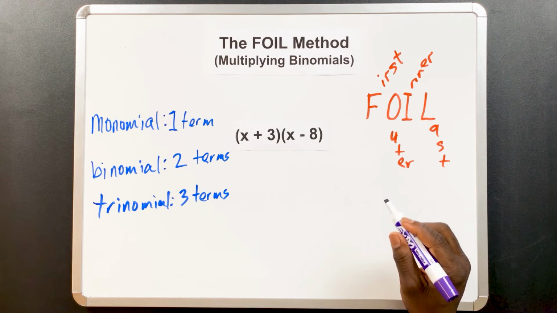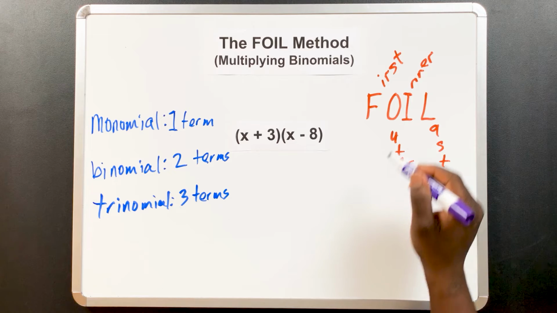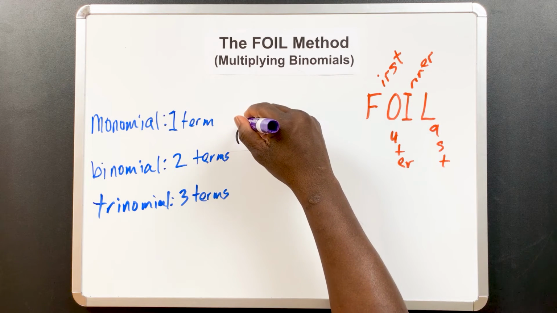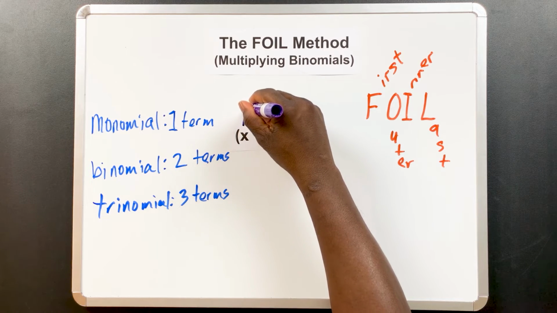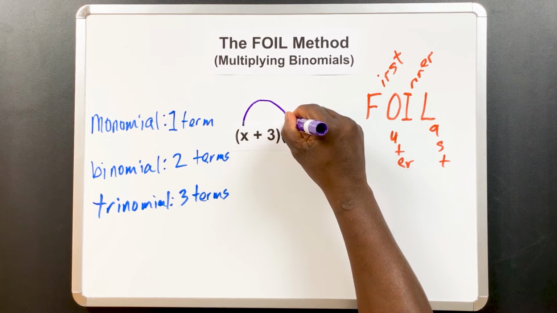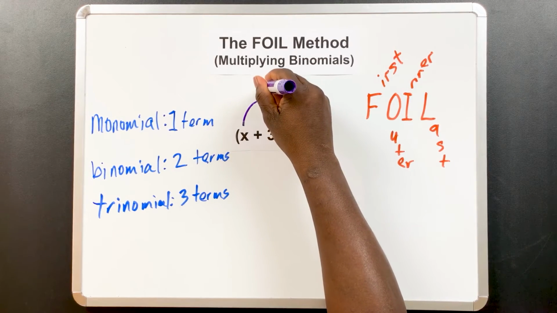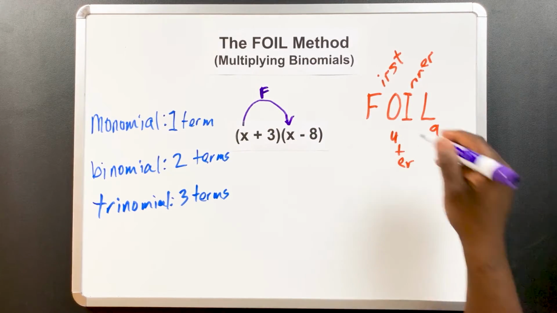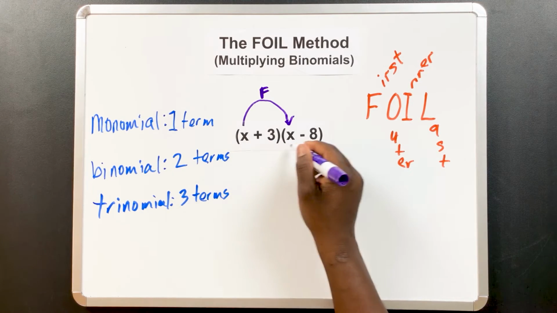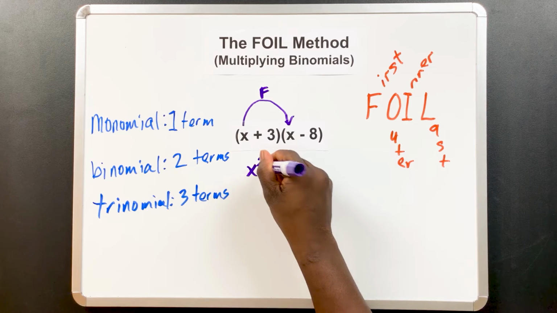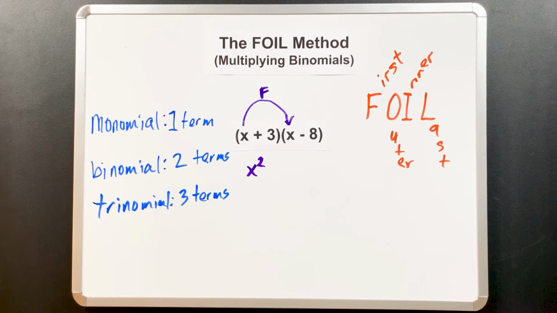So we're going to multiply the two first terms, that's your first, in these two binomial expressions. So draw an arrow, and that represents your first term. So x times x is going to give us x squared. Very good.